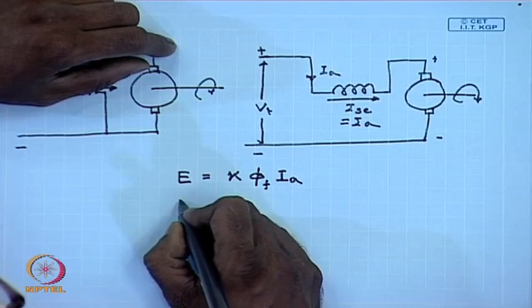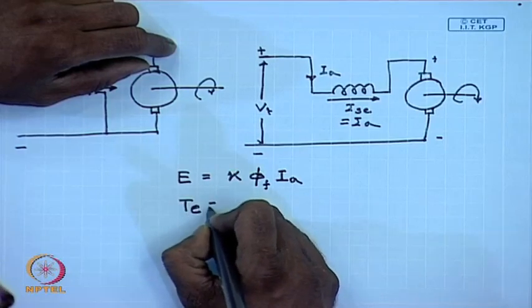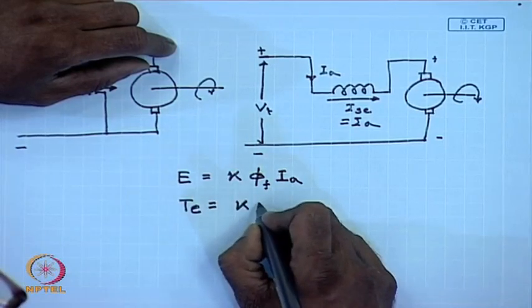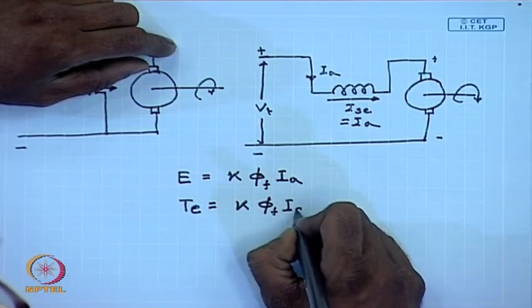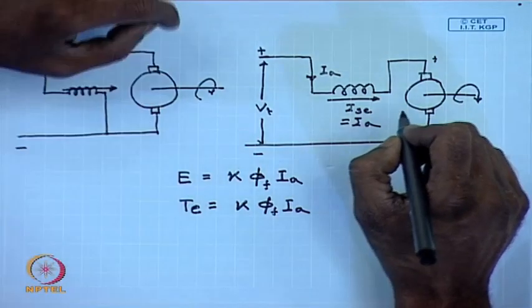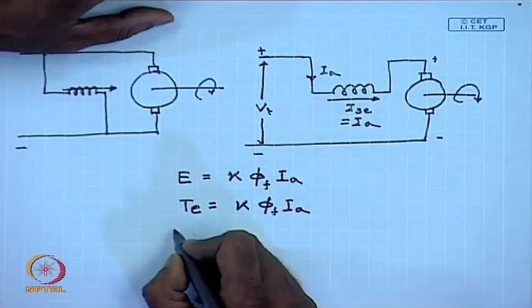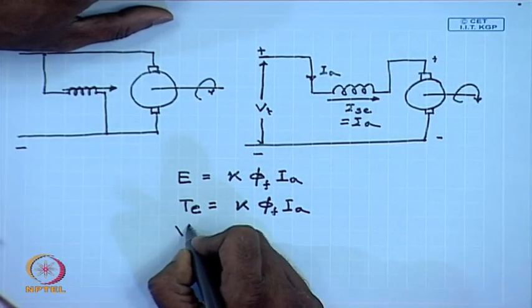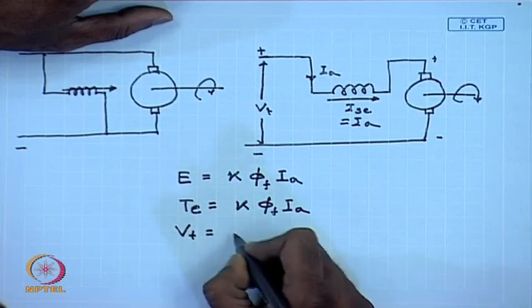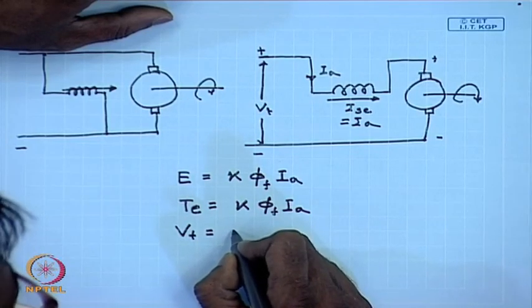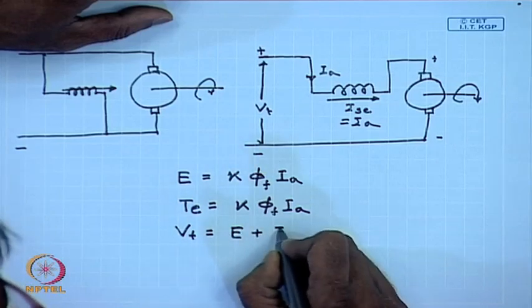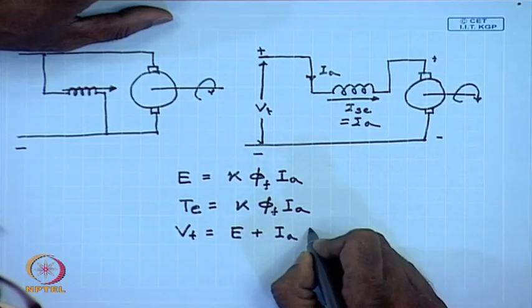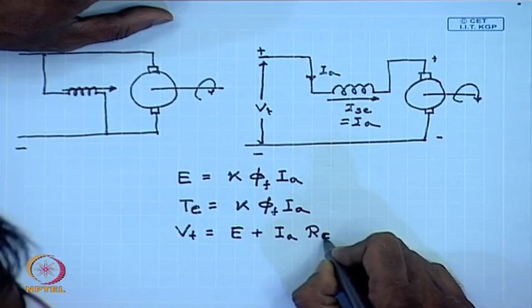Similarly, the generated torque T_e is K into the same field into I_A, and of course the terminal equation V_T equals E plus I_A into R_A total.